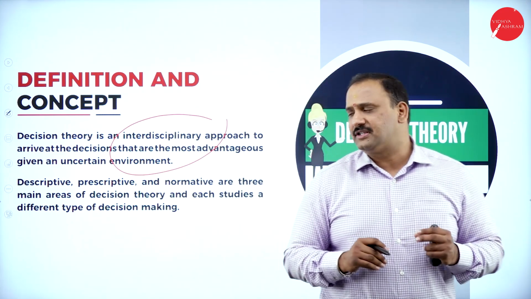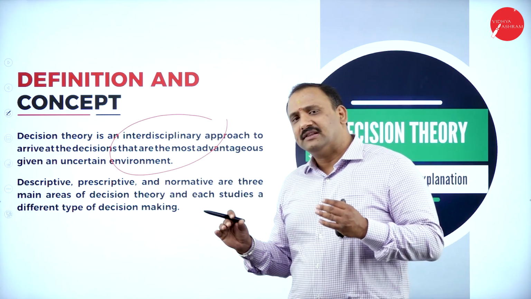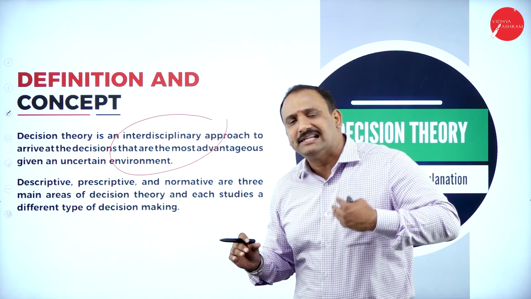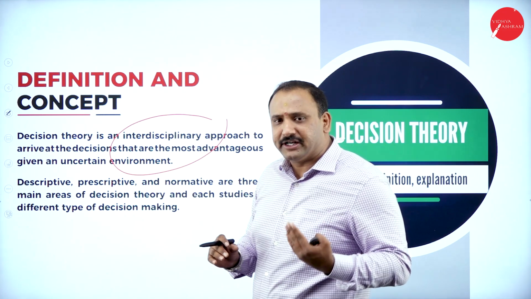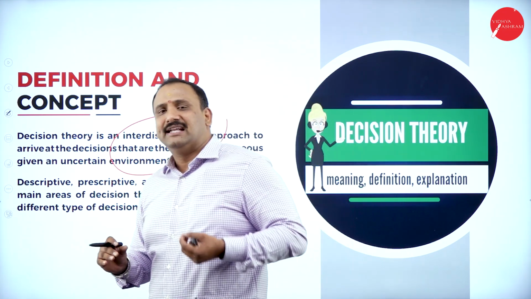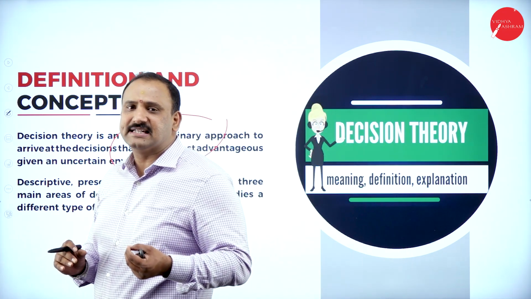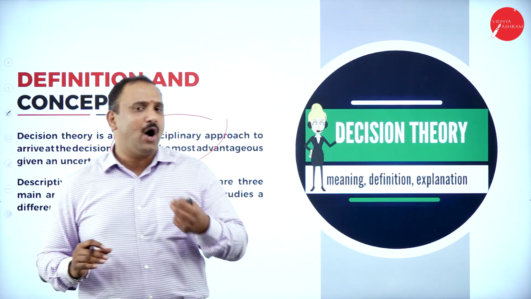So when we talk about business decision theory, this is more about a descriptive method. It's a normative method. It's a methodology that is being used like a step-by-step analysis to find out how the business can improve.